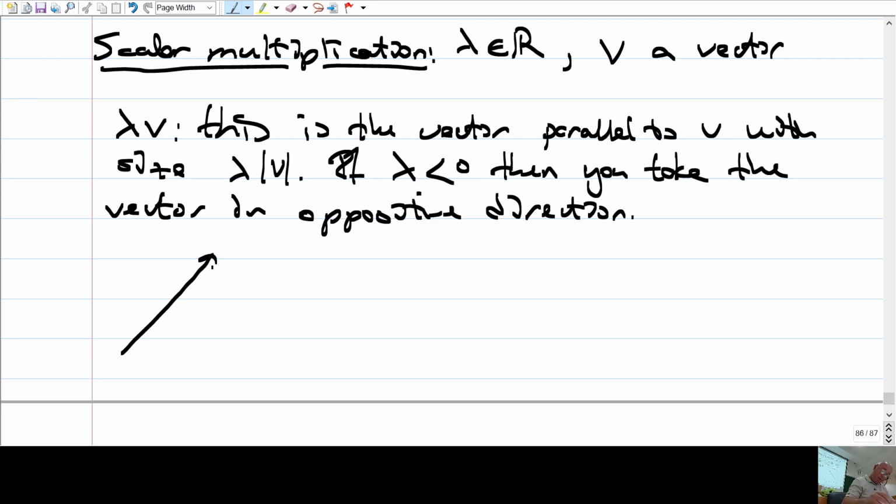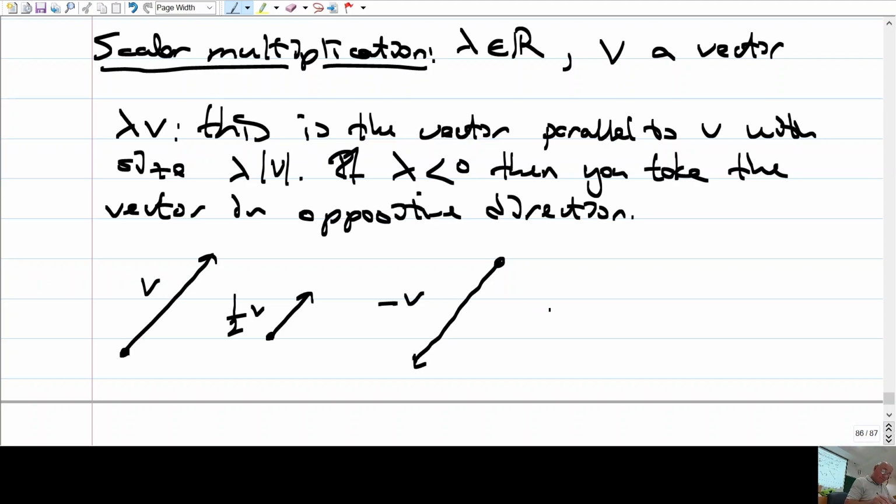Suppose this is our vector v. Okay. This is 1/2 v. The same vector, but so it is parallel, but the length is half of it. Minus v is this vector. It is parallel with the same length, but it goes in the opposite direction.